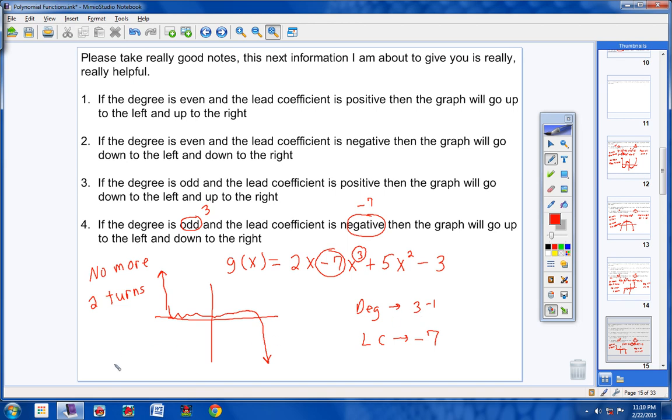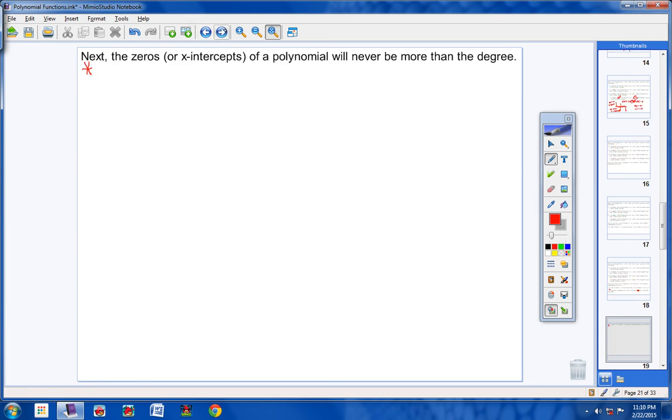So this graph here will have no more than 3 x-intercepts. Okay? And of course, an x-intercept, or a zero, whatever you want to call it, is where the graph crosses the x-axis. That's what we mean by x-intercept or zero. Okay? I hope you're getting all this, guys. Alright? So, the zeros or x-intercepts of a polynomial function will never be more than the degree.